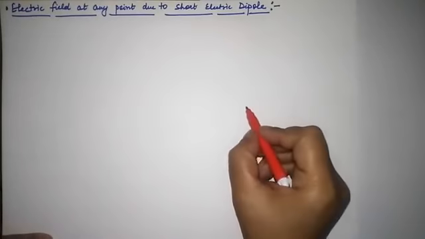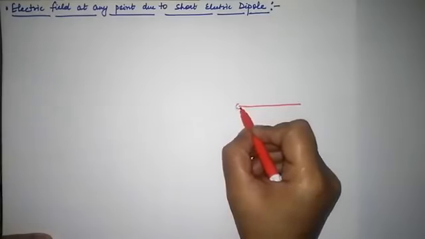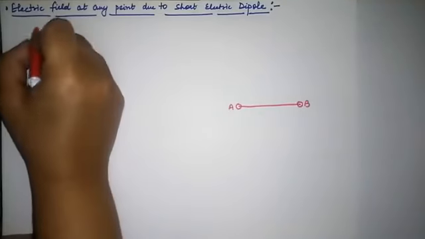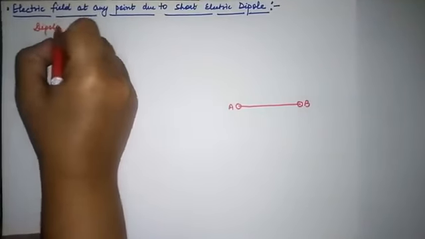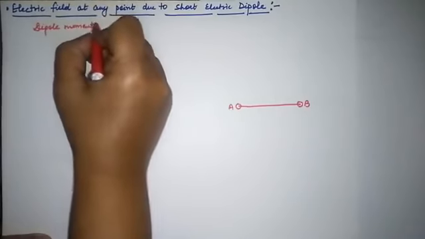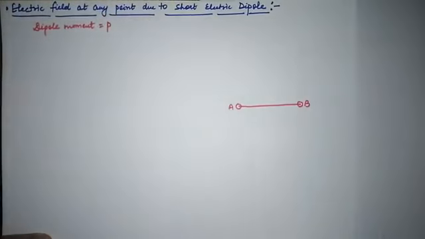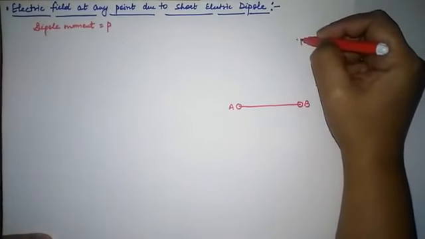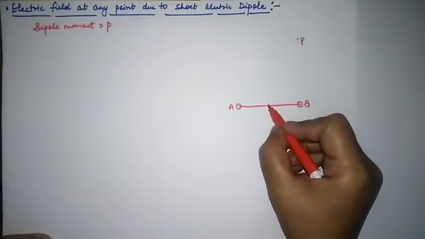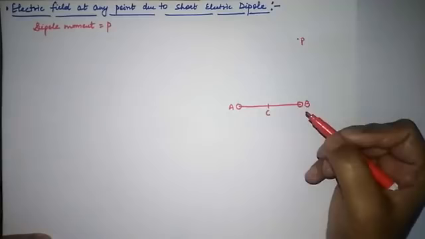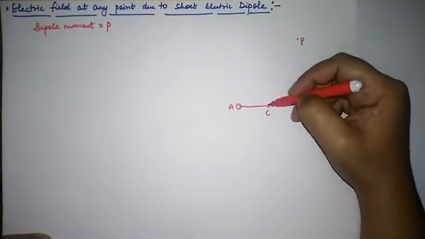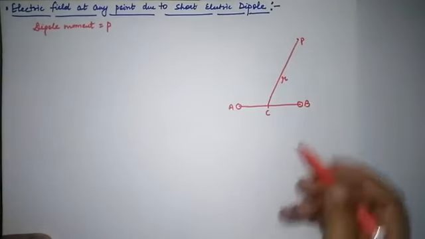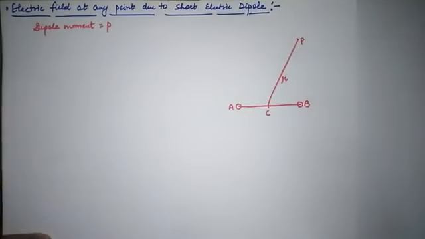In this video, we will derive the expression for the electric field at any point due to a short electric dipole. Suppose we have an electric dipole AB having dipole moment P. Suppose P is a point at a distance r from the center of the dipole. C is the center of the dipole and P is the point at a distance r from the center at which the electric field is to be determined.